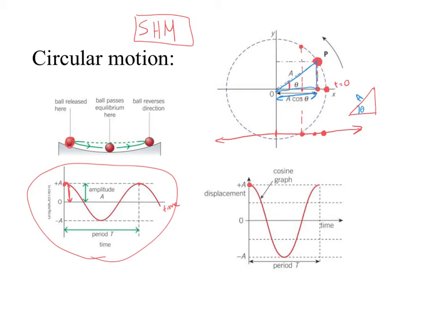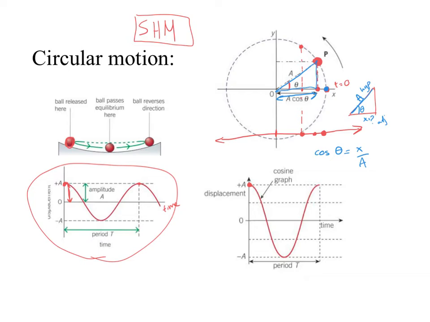This is the amplitude. Since this is the maximum amplitude here, we know that the radius at any point will be the amplitude, and we need this distance. Basically, we need to find what this is. So what we need is adjacent over hypotenuse. So that will be cos theta is x over a, because remember this is your a, your amplitude.